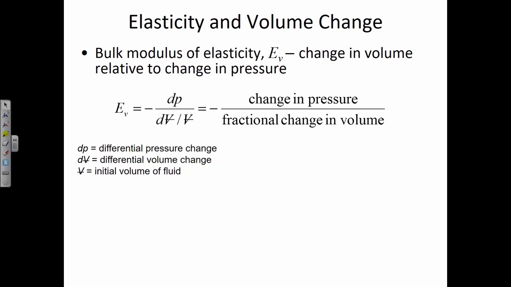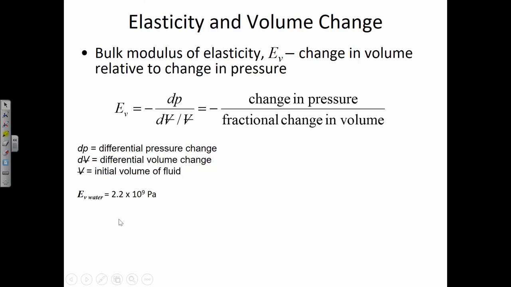And I mean something specific by a fractional change in volume. What I mean is the amount of change of volume relative to the initial volume that was there before the compression began. I've got a calculation example here that I think will help to illuminate things, but this bulk modulus of elasticity tells us essentially how much pressure you need to affect a change in volume occupied by a mass of fluid.